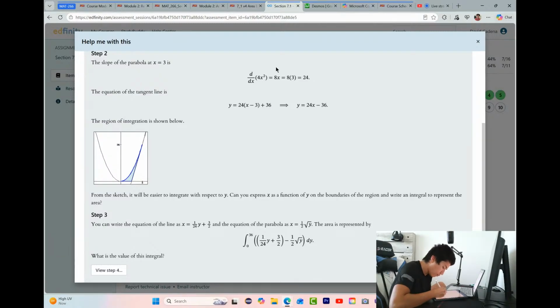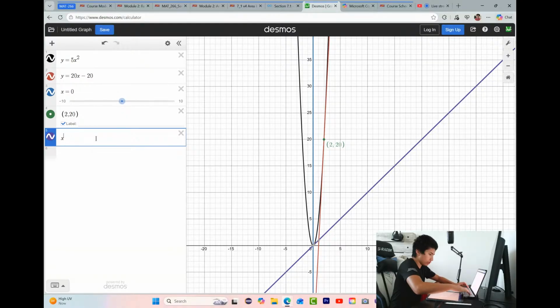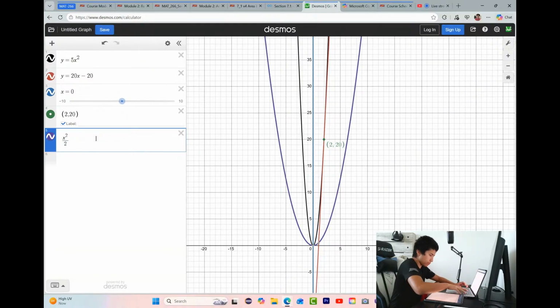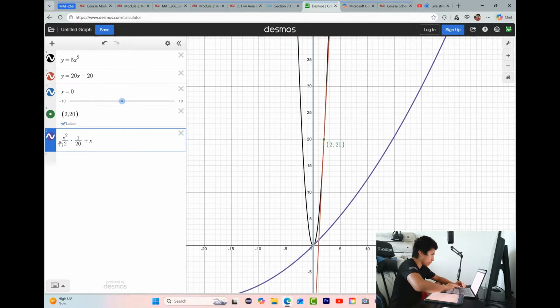So y over 5 to the power of 3/2. And I really hope I did this correctly. Times 1 over 20 plus x. Let's say f of x equals that.